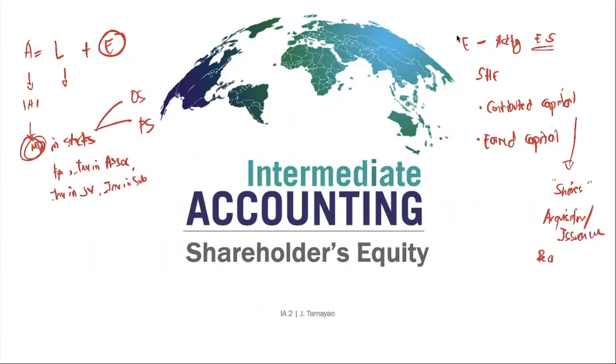Then we have your reacquisition, reissuance, retirement, or conversion of these shares. So we will discuss all of these items today in your shareholders' equity, particularly on your contributed capital.